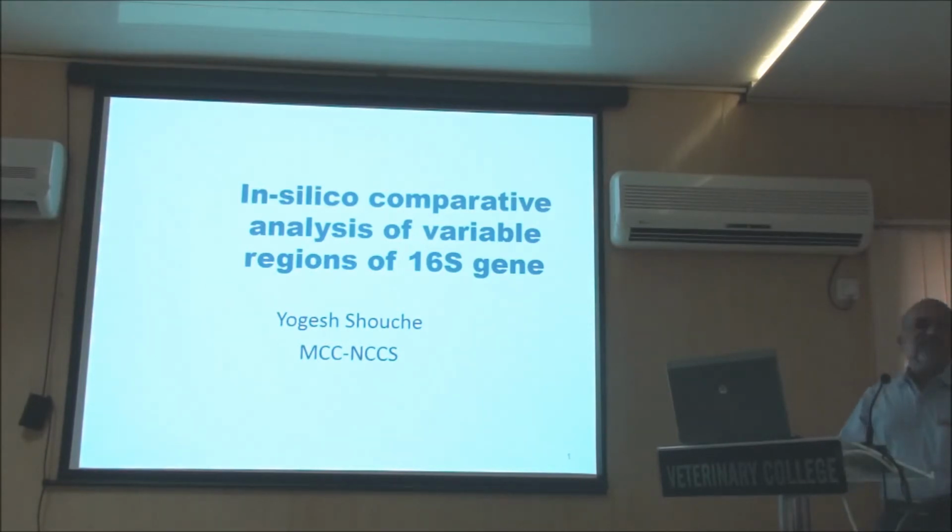So it's really a pleasure to be here, and I had given the title of my talk as In-silico Comparative Analysis of Variable 16S rRNA gene regions. But after having a look at the other talks, I have made some additions. I have divided my talk into 3 parts. The major part is going to be the In-silico Comparative Analysis of 16S rRNA gene sequences, as mentioned in the title.